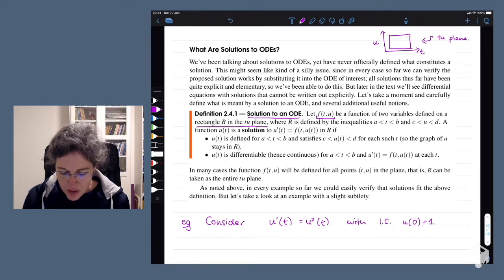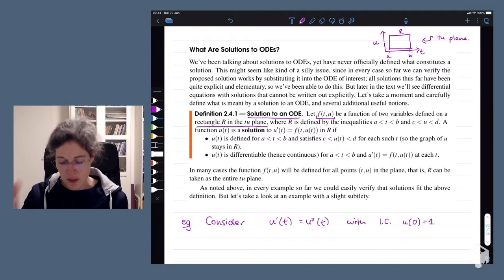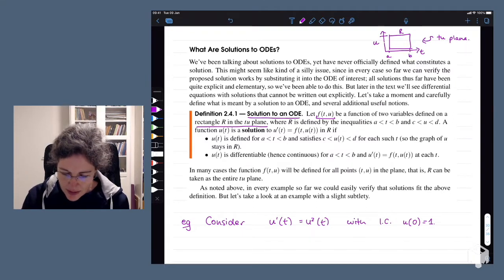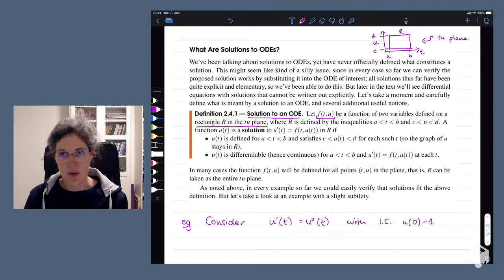So just some R, and the way that you would think about that R is that it has an x start and finish, which is a and b, and a y start and finish, c and d. Okay, so we've defined some rectangle R within our tu plane.